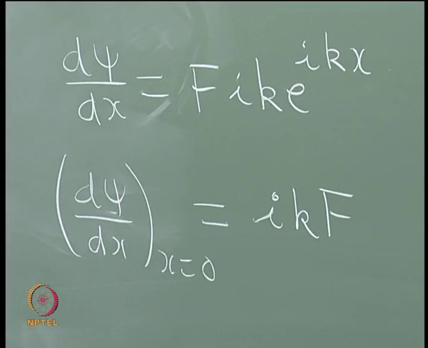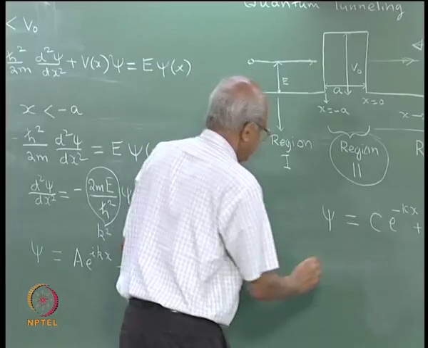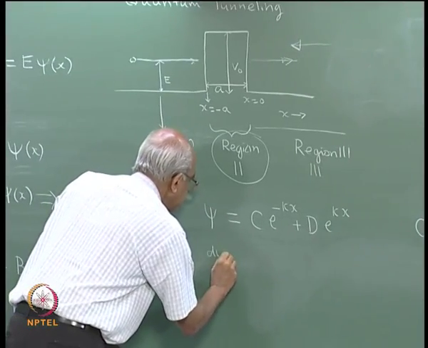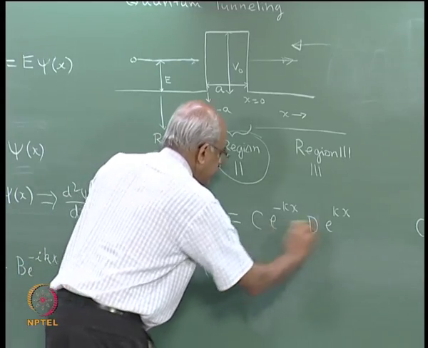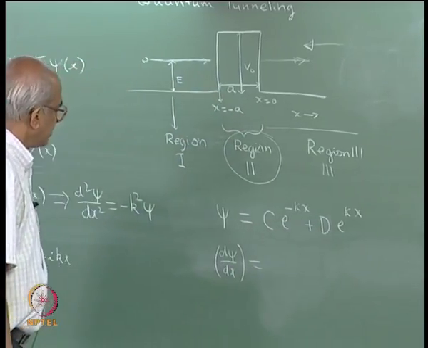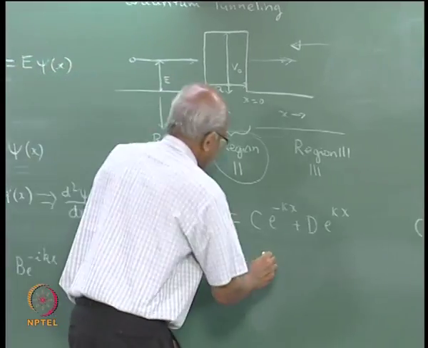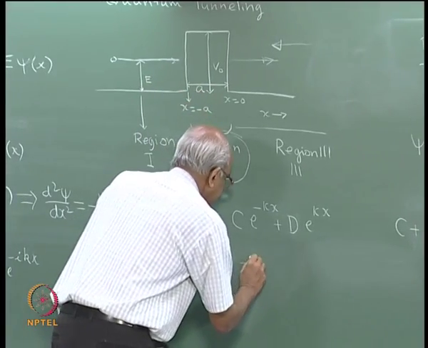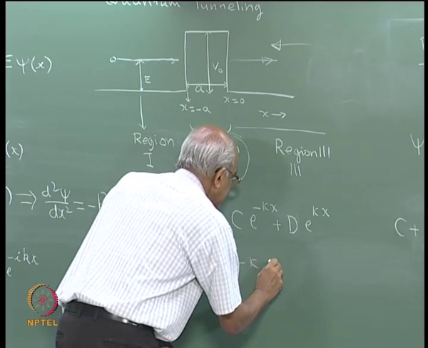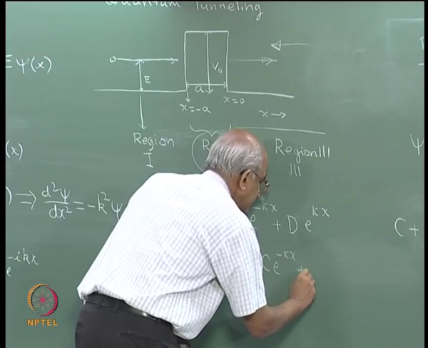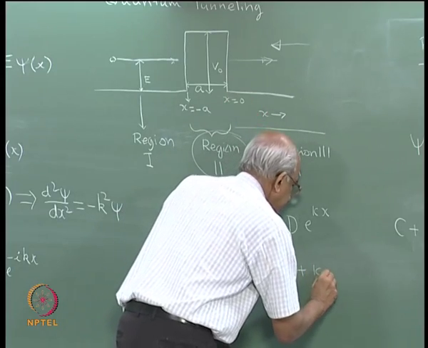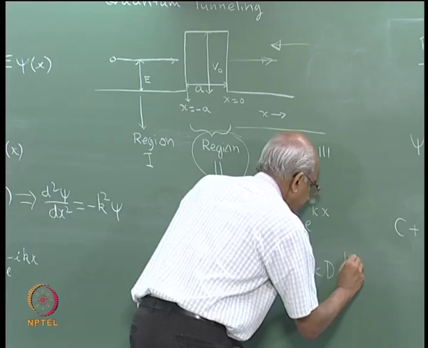Similarly, if I evaluate d psi by dx using this function, let me differentiate this function. The answer that I will get is minus kappa c e^(-kappa x) plus kappa d e^(kappa x).